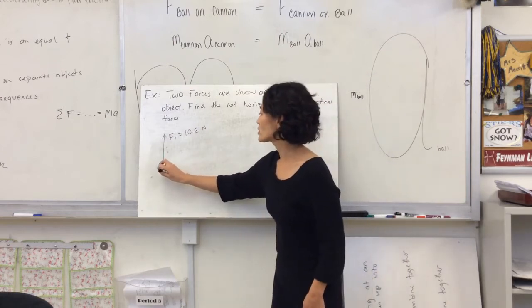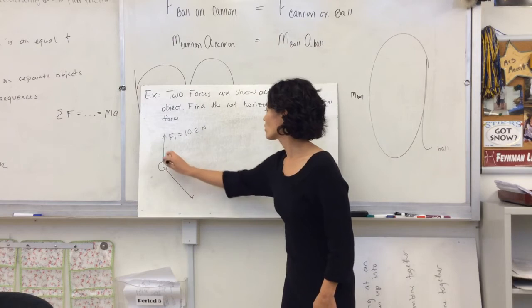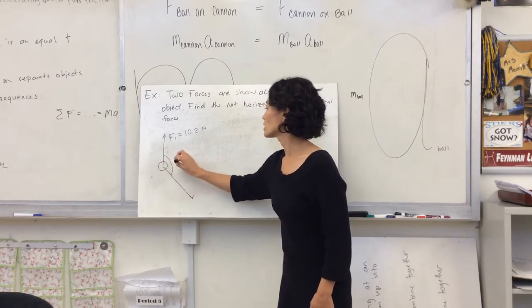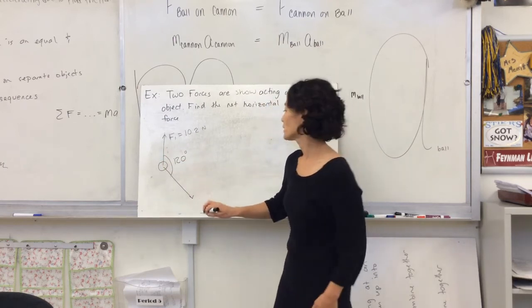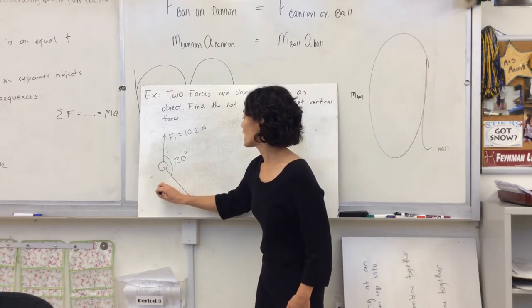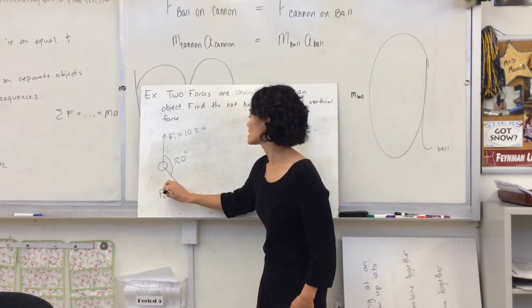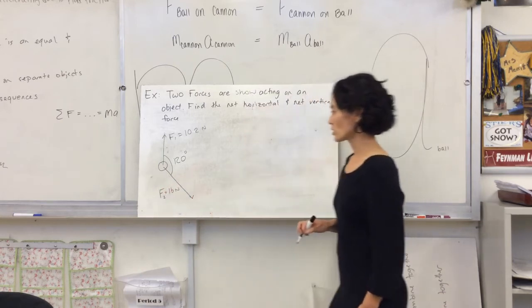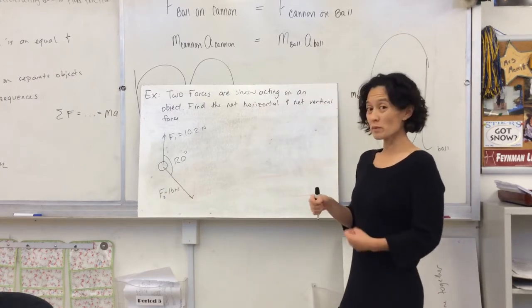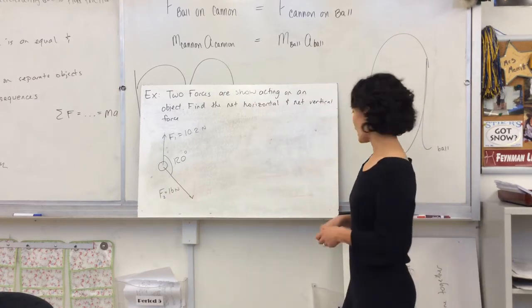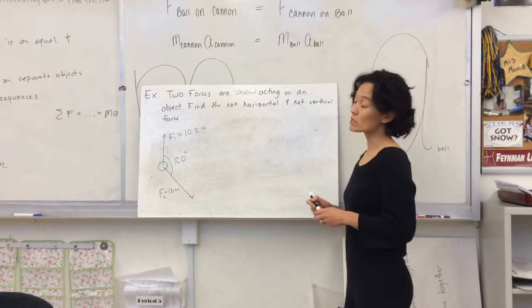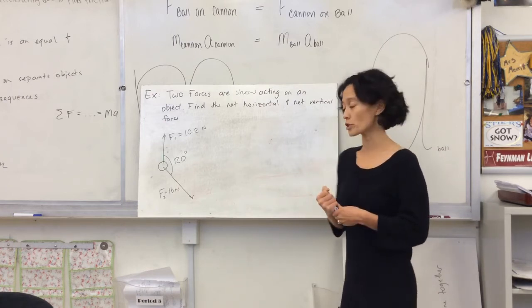And then I have a second force that is at this angle of 120 degrees. I'm just making this up. And I'm going to call that F2, and it's going to have a value of 16 newtons. So I have this object being pulled in two different directions, and I want to combine them. I want to know, what's the net horizontal force and what's the net vertical force?